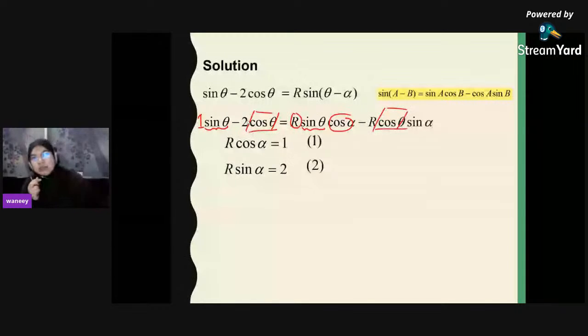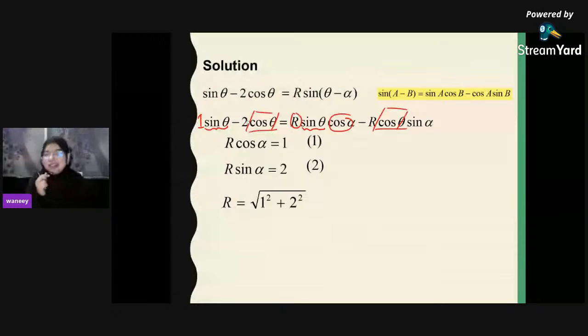We're going to get cos square plus sine square, which will become 1. So r square is simply equal to 1 square plus 2 square. I skipped some steps, so r is equal to the square root of 1 square plus 2 square. 1 square is 1, 2 square is 4, so 1 plus 4. That is how you get square root of 5.